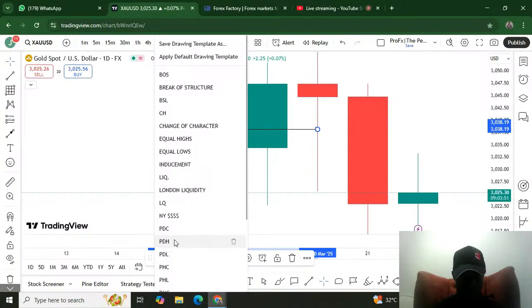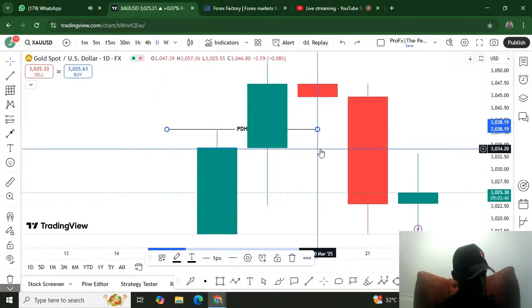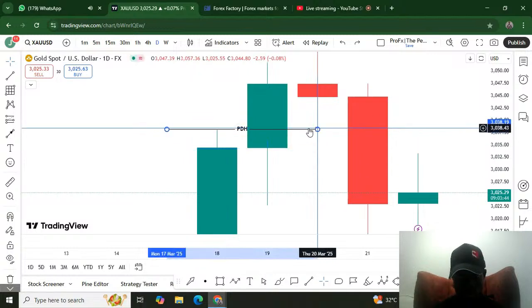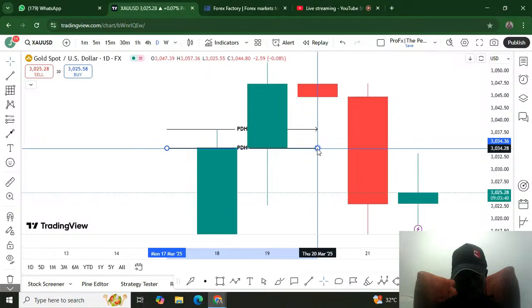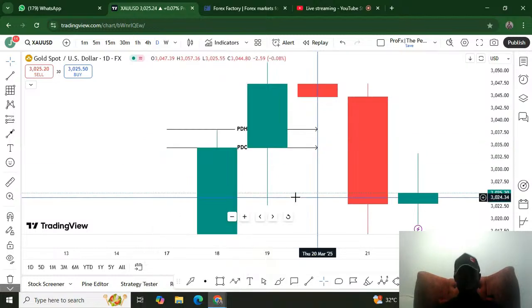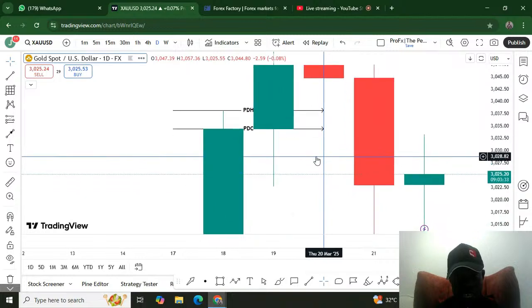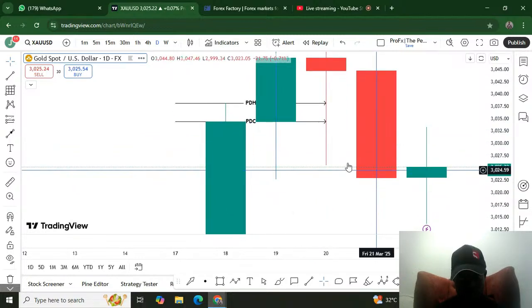Our previous day high and previous day close. In this case, there was a very deep retracement before price continued.